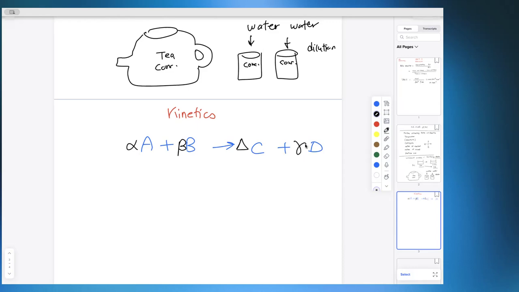So how can I find the rate of the reaction? The rate of the reaction, we know that it's equal to the change in the concentration of A over the change in time.